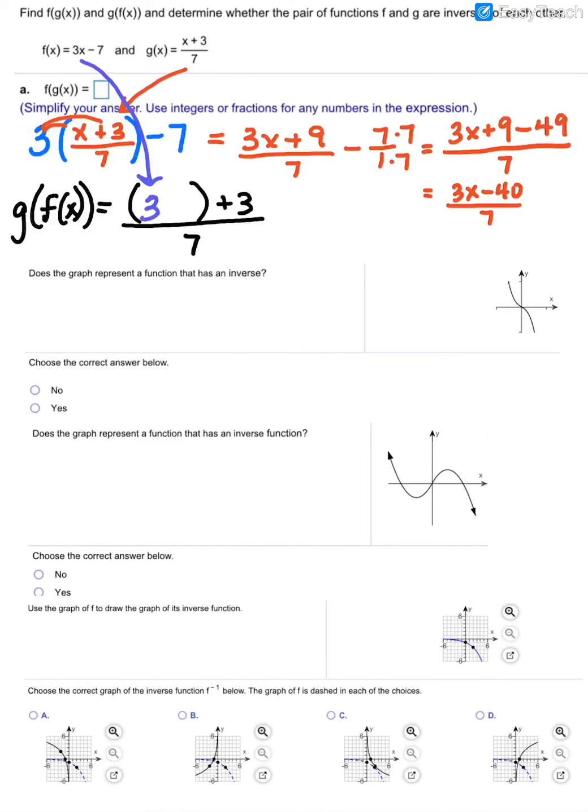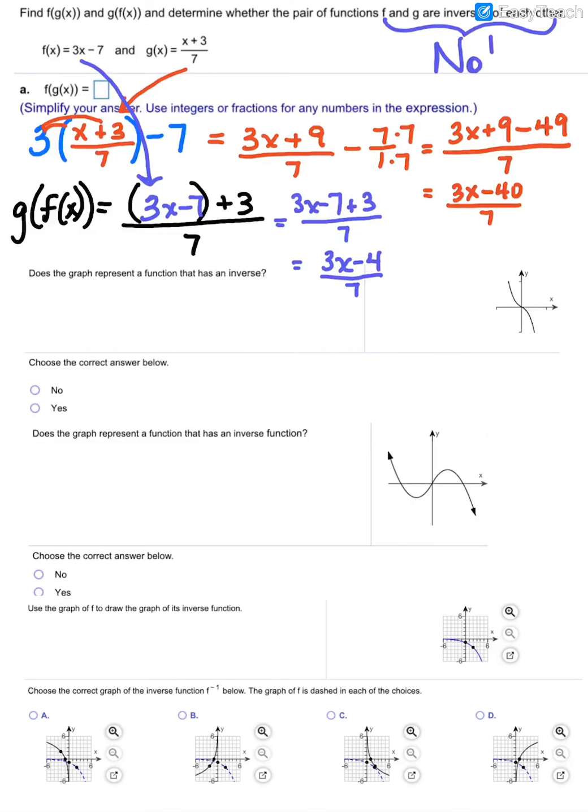So 3x minus 7, and then simplify. When I take 3x minus 7 plus 3, over 7, I am left with 3x minus 4 over 7.